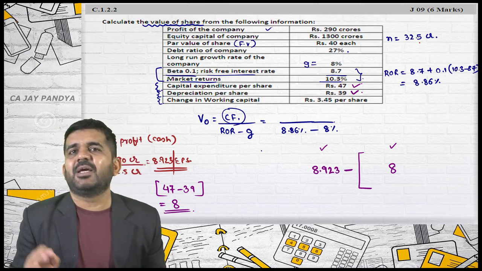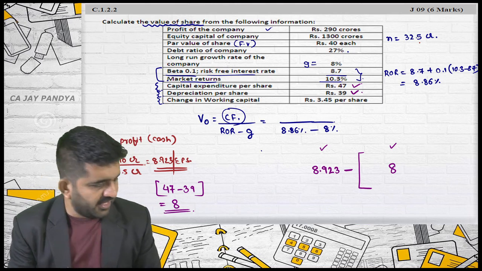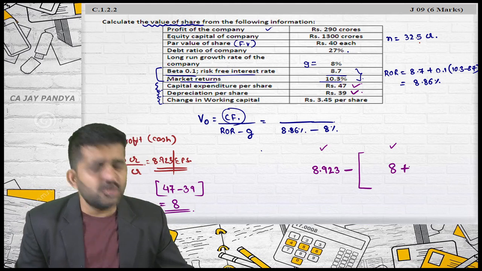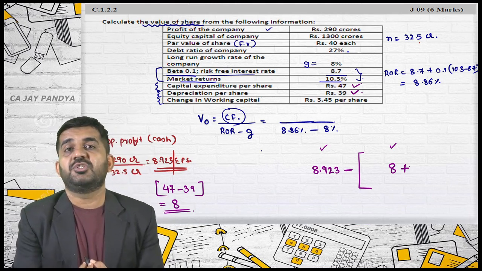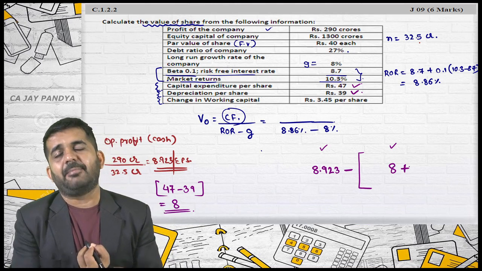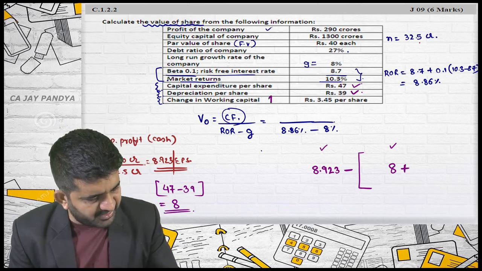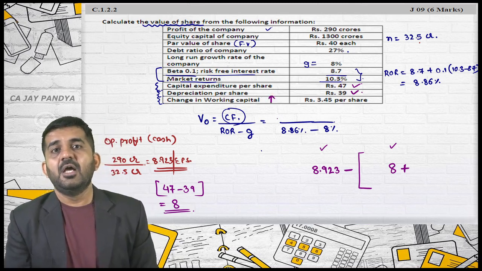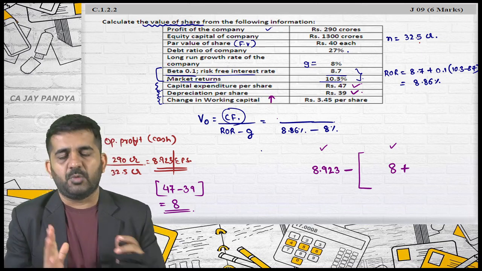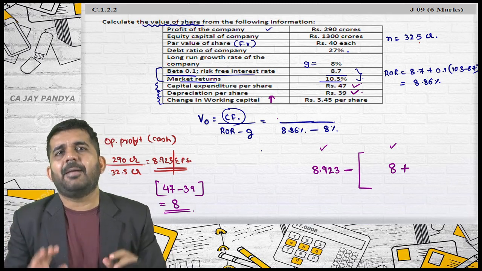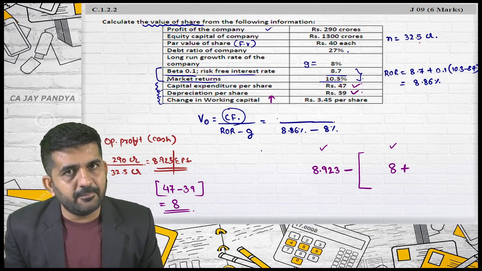So 8 is my capital expenditure, which will be my outflow. There is also another outflow, which is the change in working capital, and I'm assuming it is an increase in working capital. They should always write down that it is an increase in working capital. Now what is increase in working capital? Try to understand. Say you are having a bookstore. For working capital, a bookstore is the best example.